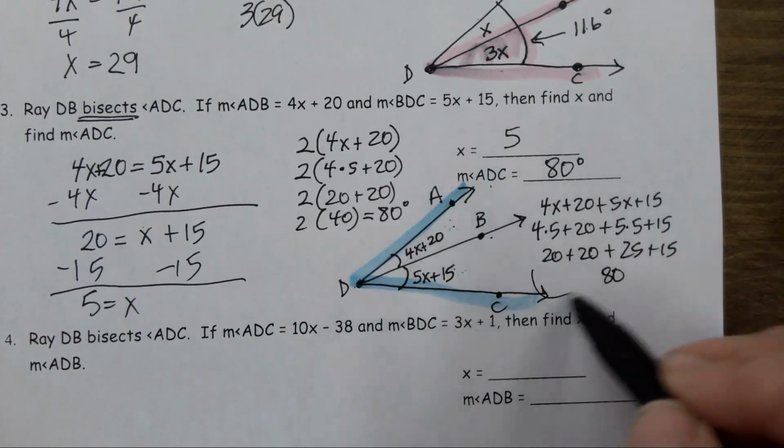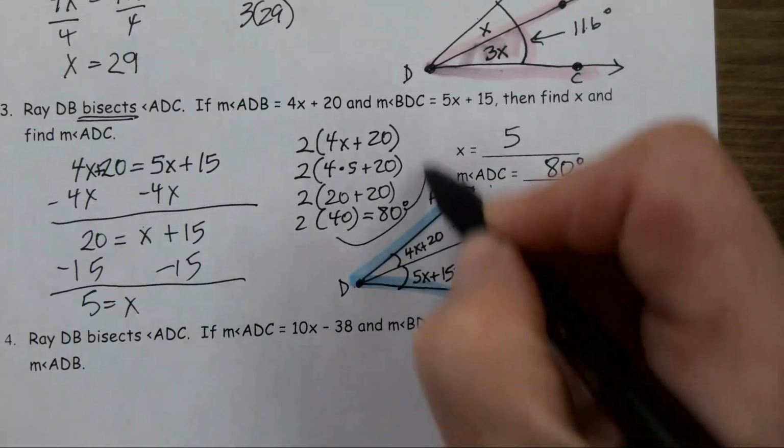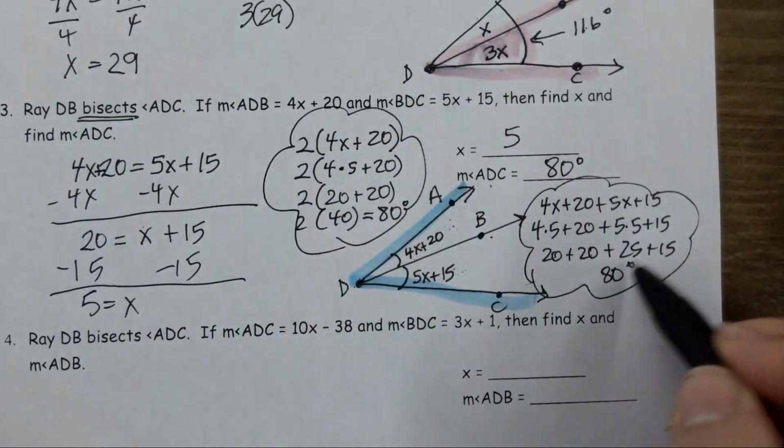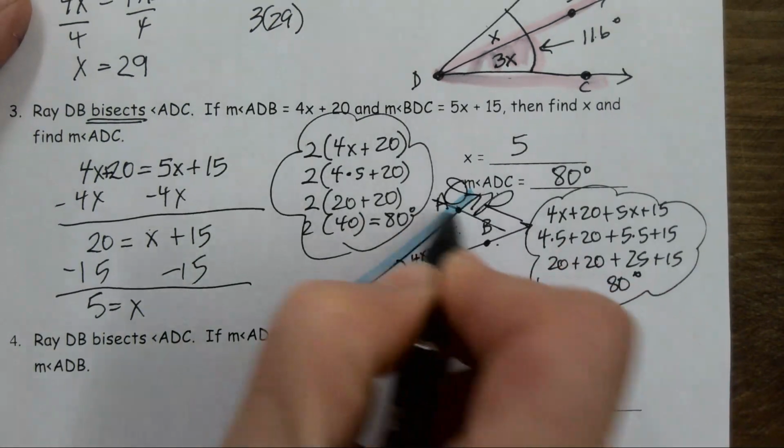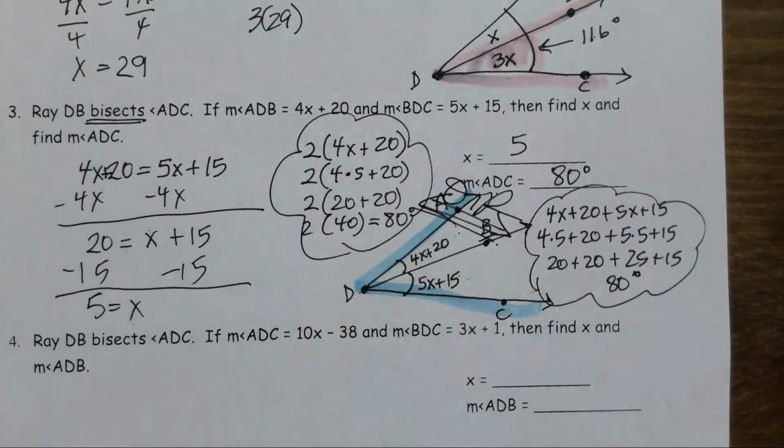Either way, I get the same answer. Pick the way that works for you. There's not one way better than the other way. Again, this is just a big fat or between these two. You don't have to do both of them. Okay, pick the one that works.